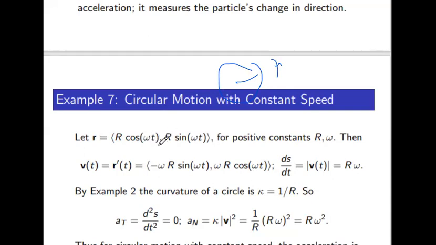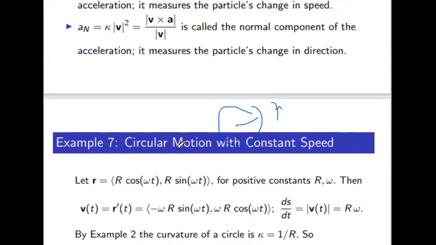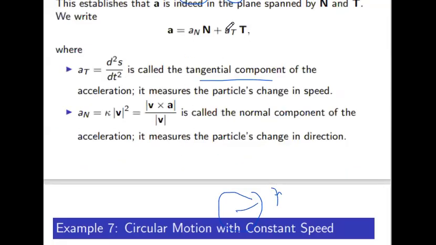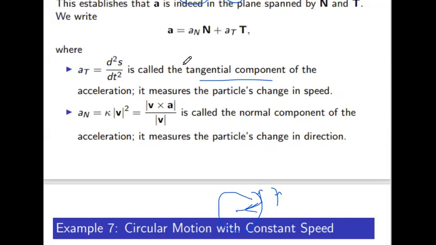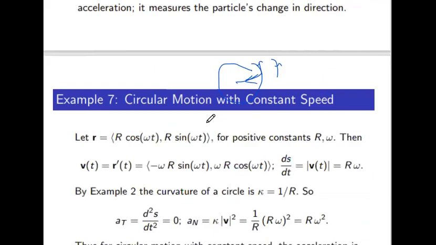Find the tangential and the normal components of the acceleration. So how do you find the normal and the tangential acceleration? We can use this formula to compute normal and tangential components.